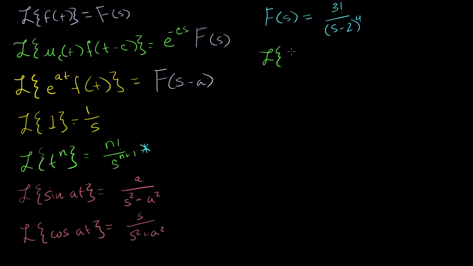So the Laplace transform of t to the 3, by the rule we showed right here, would be equal to 3 factorial over s to the 4th. Now, this thing isn't exactly this thing. They're not quite the same. And just so you know, I'm doing this to instruct you, but I find these when I'm actually doing them on an exam.